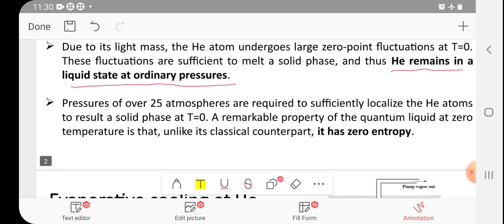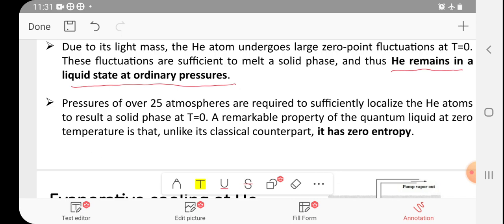Next, pressure of over 25 atmospheres is required to sufficiently localize the helium atoms to result in a solid phase at T equal to 0. I have previously said that it is a natural tendency of helium to remain in a liquid state, but still if you want to solidify it, you need a pressure of about 25 atmospheres.